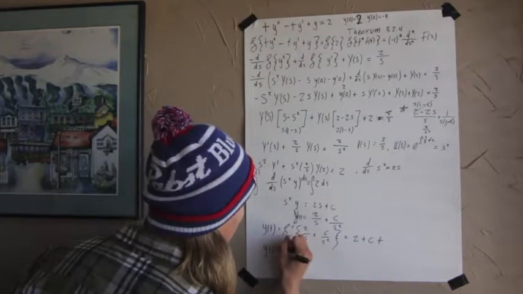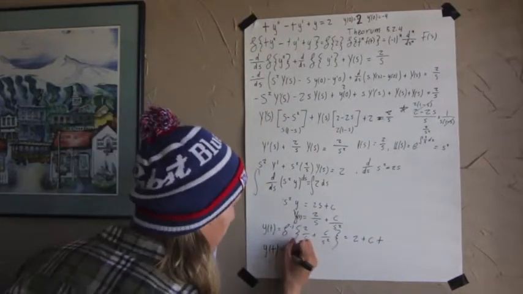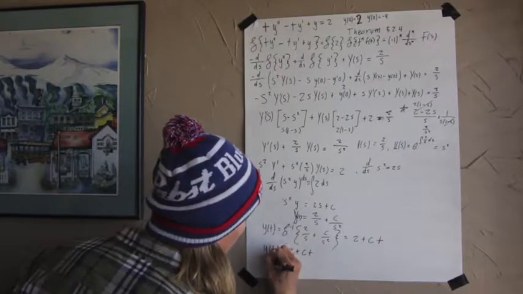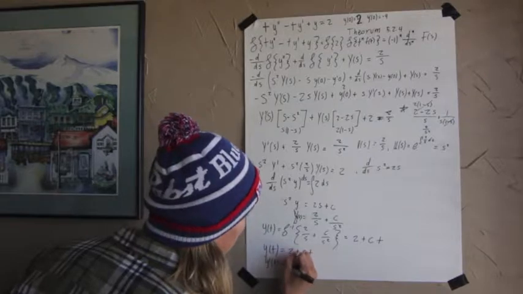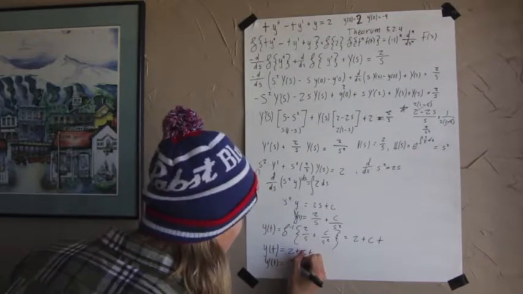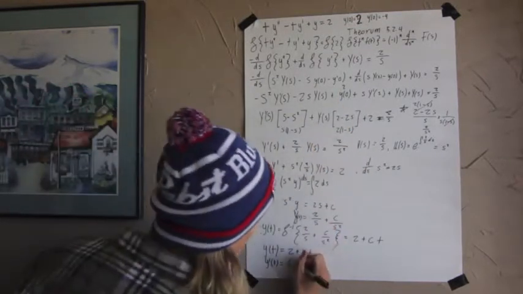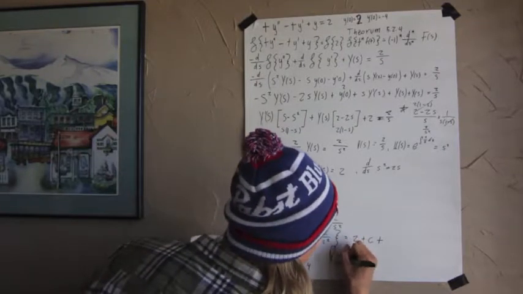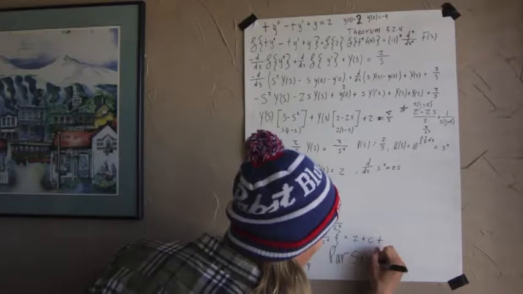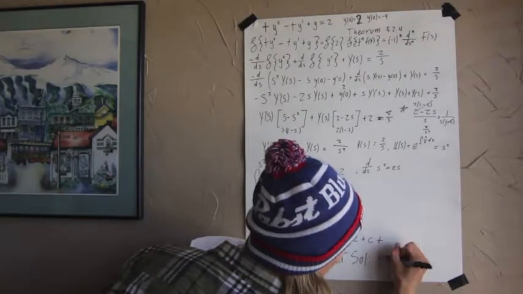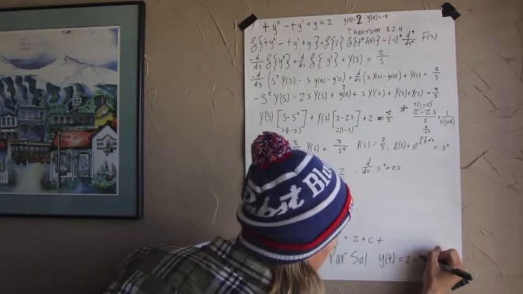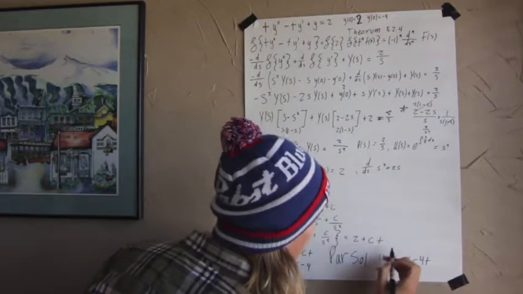So y of t, this is our general solution here: y of t equals 2 plus Ct. Y prime of t is just going to be equal to C. Plugging in our initial condition, C is equal to -4. So our particular solution, y of t is equal to 2 minus 4t.